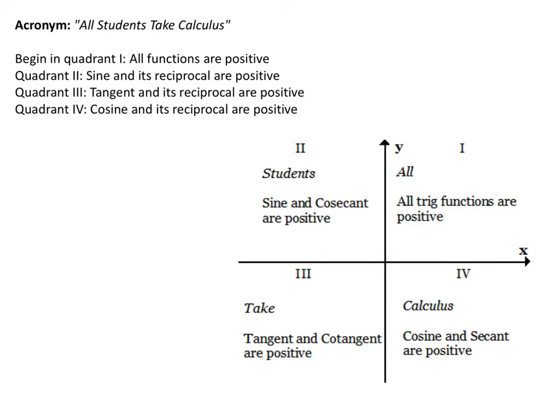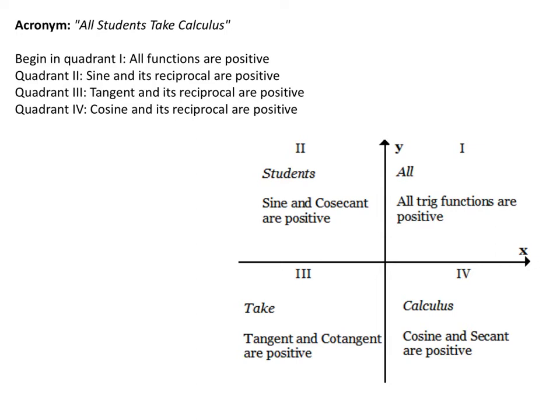The sign of the trig function depends on the x and y values of that point P on the terminal side of the angle. Remember that the r distance is always going to be positive. We use an acronym, all students take calculus, to help us identify whether or not the trig functions are positive or negative.